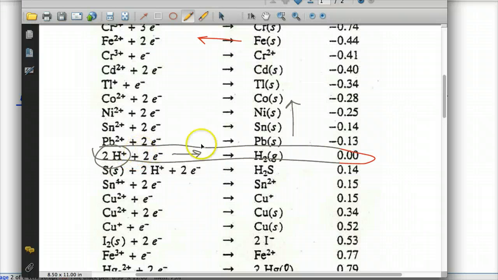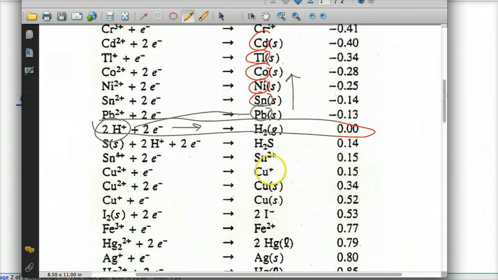So only elements that oxidize are above the ones that reduce. H+ is a strong enough oxidizing agent to make all of these oxidize, or you can do the reverse and say that all of the ones above the H+ are strong enough reducing agents to force H+ to oxidize. All of these elements, when combined with H+, will give positive values, obviously. Look where copper is. Copper is below the H+.